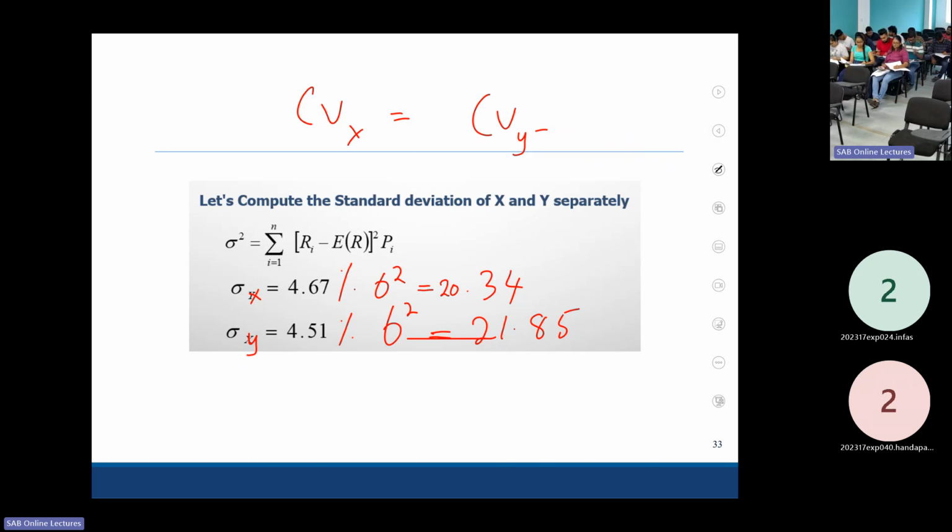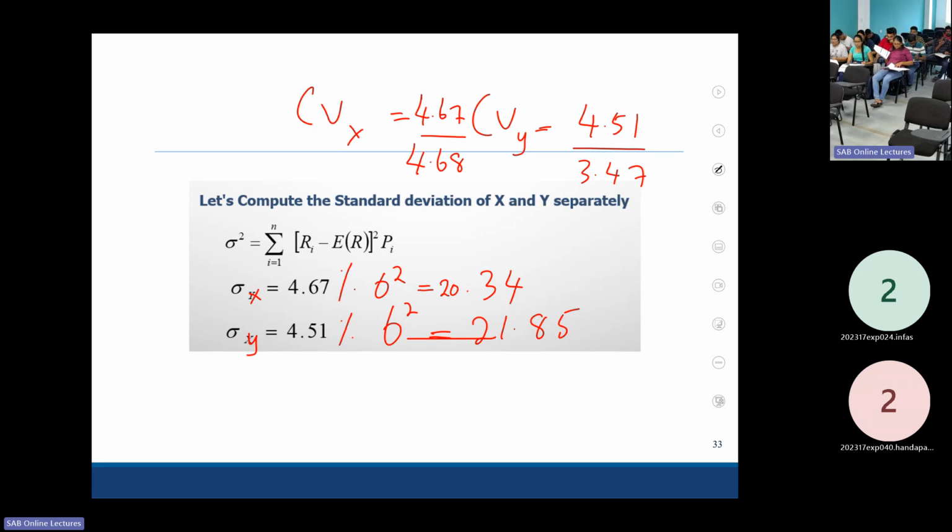For X, the standard deviation is 4.67 divided by the expected return, which was 4.68. This is the coefficient of variation for stock X. Then for stock Y, the standard deviation 4.51 divided by expected return 3.47.